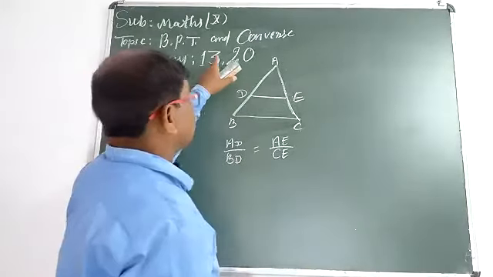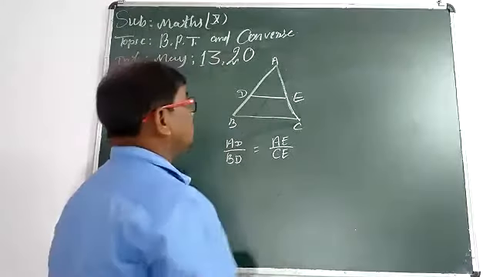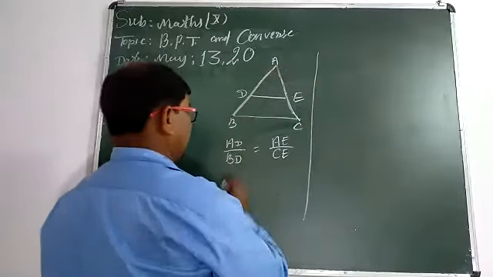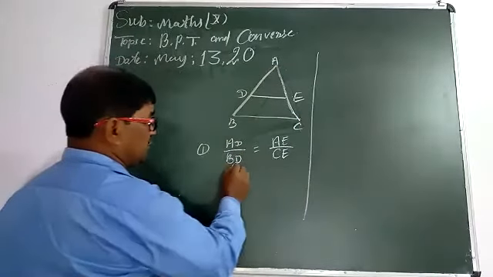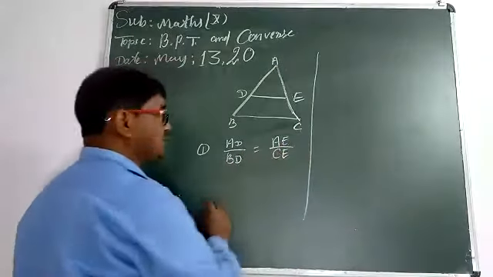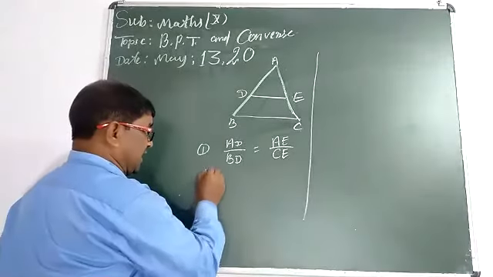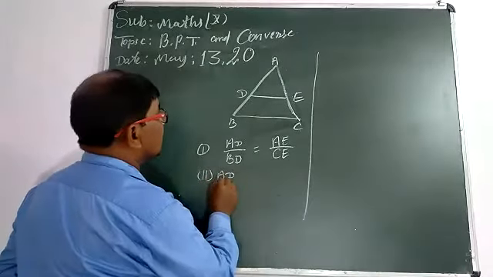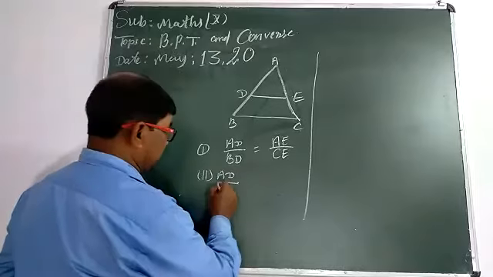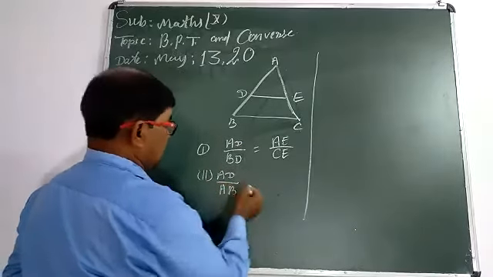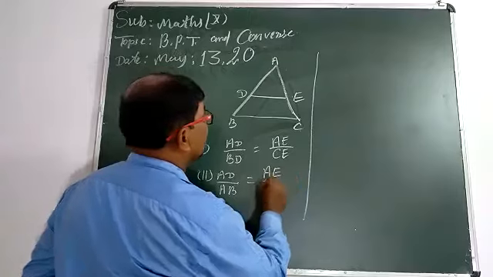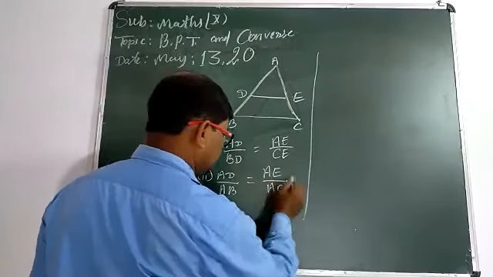That is called BPT. Now, can you guess about this? If AD upon BD equals AE upon CE, then can we say AD upon AB equals AE upon AC?